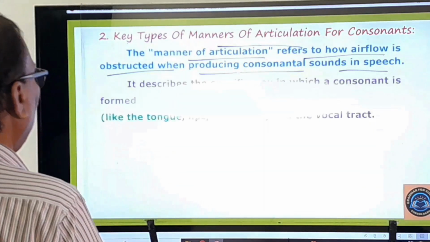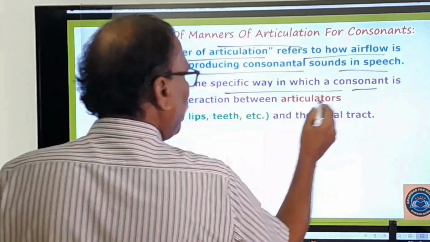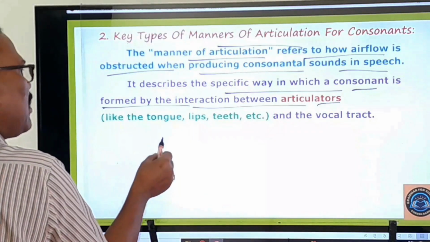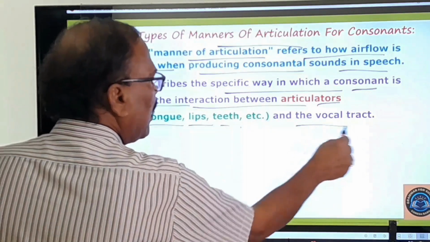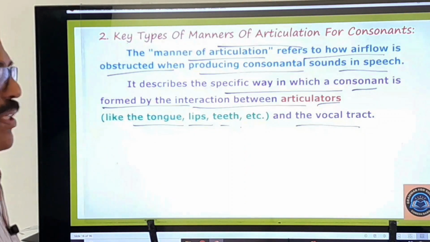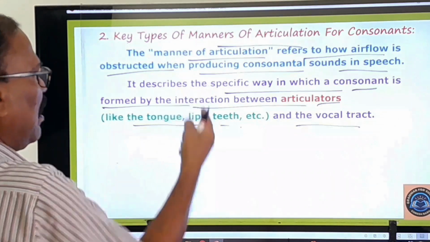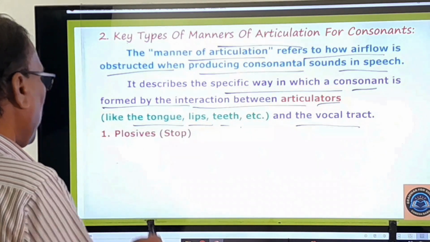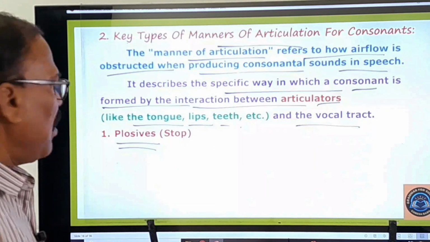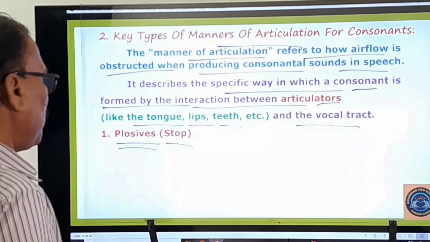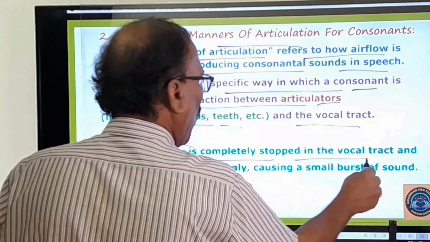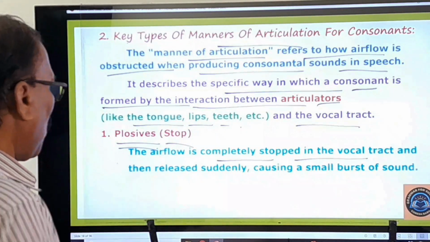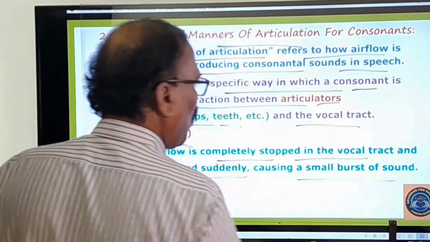Here it describes the specific way in which a consonant is formed by the interaction between the articulators. What are the articulators? The tongue, lips, teeth and the vocal cords. With the help of these articulators they are produced. Plosives are there. Plosives means stops. The airflow is completely stopped in the vocal tract, then released suddenly, causing a small burst of sound.